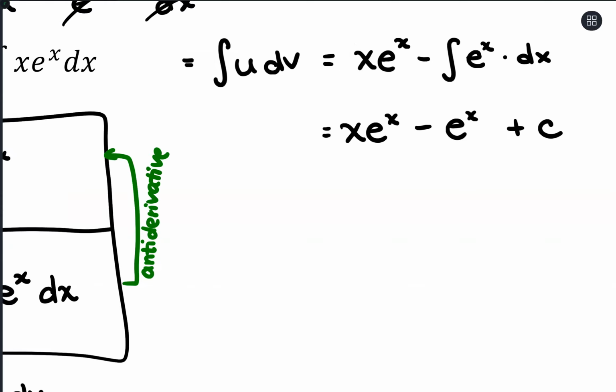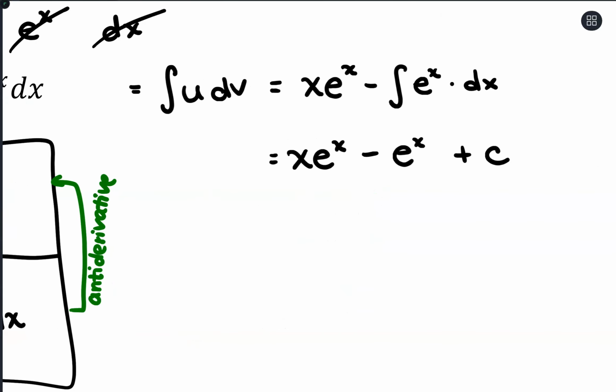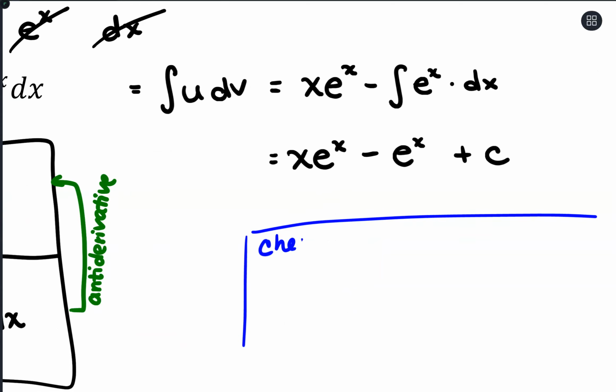Again, it's all about taking this antiderivative of x times e to the x. So what should happen if you want to check your work is go ahead and take the derivative. So taking the derivative, x times e to the x, we're going to need the product rule there. So we're going to have x times the derivative of e to the x plus derivative of x times e to the x, minus the derivative of e to the x.